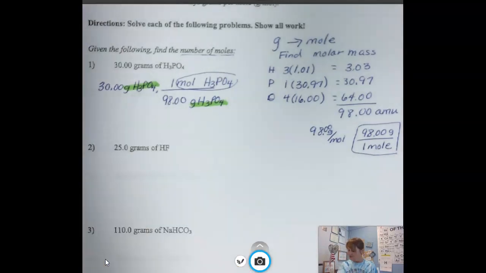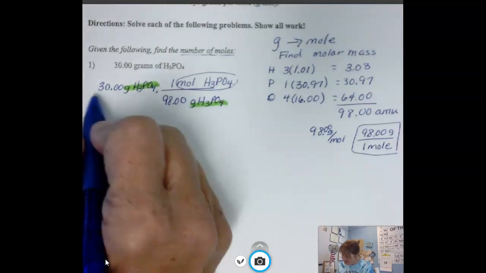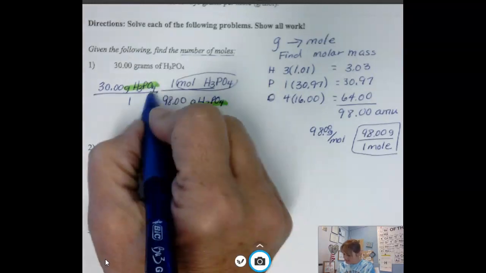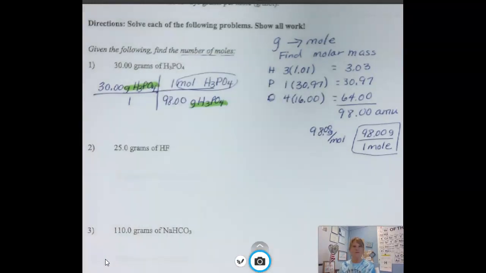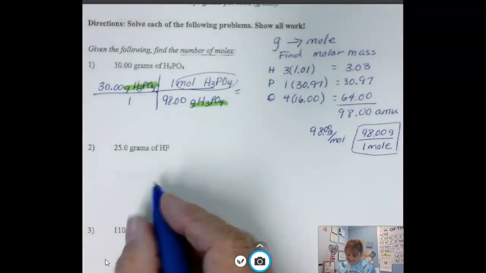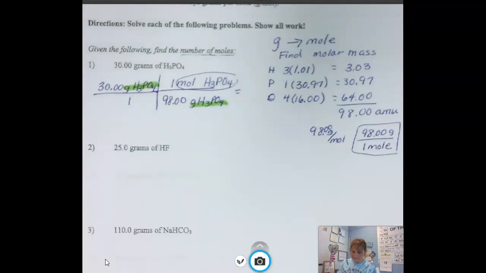So the rest of it is just multiplication. I'll go ahead and do this one for you. So we're just going to multiply across. If you want to put a 1 here and do that, or if you feel more comfortable setting it up into your railroad tracks, that's great too. I will leave that piece for you to decide how you want to set it up. So we have the 30 divided by the 98, and in this case, I get 0.3061.